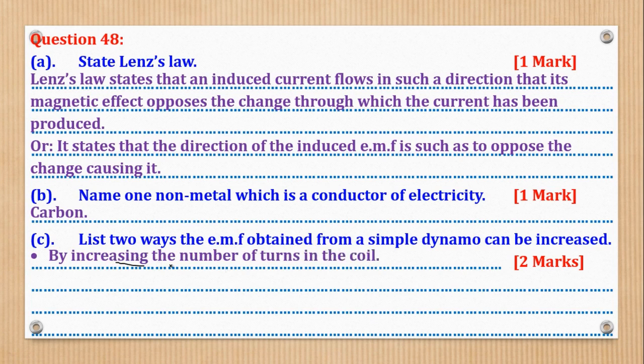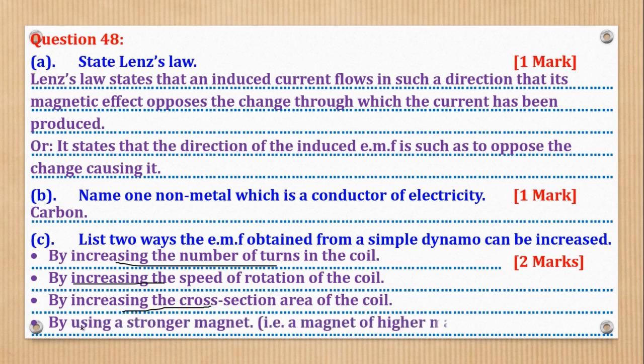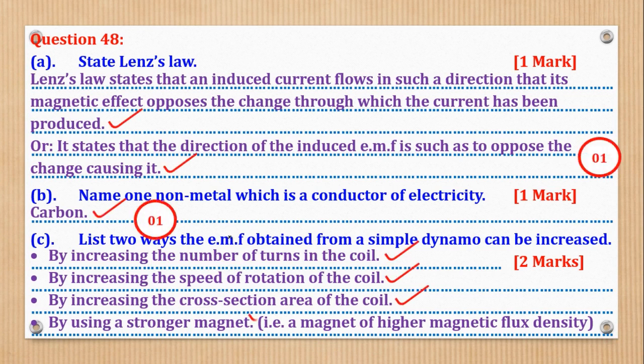So one, by increasing the number of turns in the coil, two, by increasing the speed of rotation of the coil, three, by increasing the cross-section area of the coil, and lastly, by using a stronger magnet or a magnet of higher magnetic flux density. So that's how marks would be awarded.